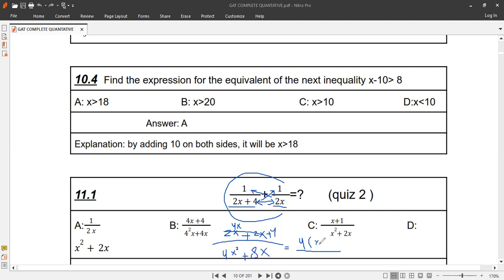And down, let me take 4 as a common factor: x squared plus 2x.